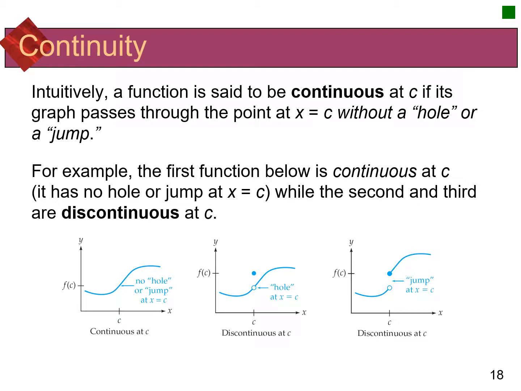Now, a hole is what most textbooks would call a removable discontinuity, whereas a jump at a particular value, also called a break in other books, is another type of discontinuity. And limits can oftentimes help me figure out if I have one or the other, or neither.